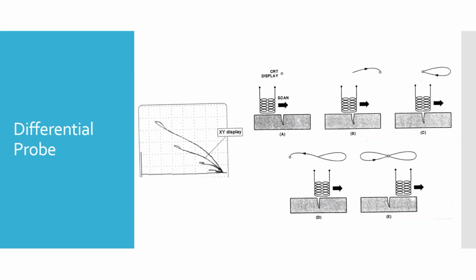Because as we go across in A, it's showing right here we're over a non-flawed area. So our point is going to be right at the origin. It's going to stay right here at the bottom. And then as we start to go across a flaw, it's going to move one direction. And then as you get back to the center, you can see in C, where the crack in this case is directly, kind of equal underneath the two coils, it'll actually return back to the origin point.